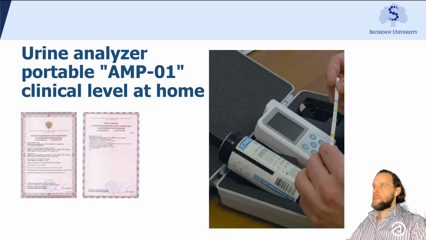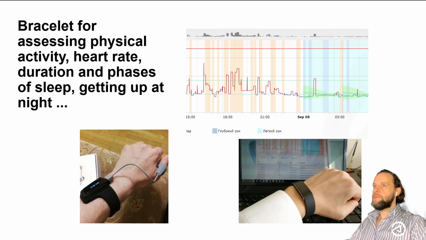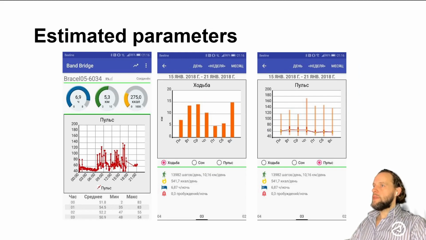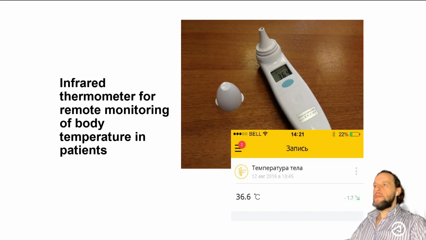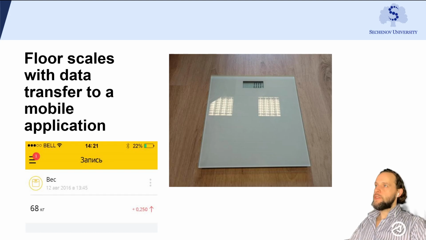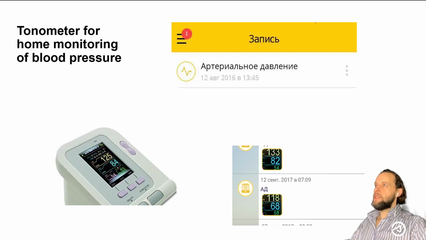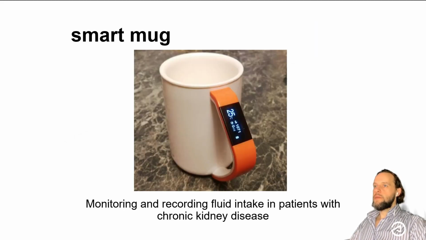This is once again a urine analyzer, more specific implementations of fitness trackers, receiving information about heart rate, amount of physical activities, and other measurements. Thermometers to measure temperature of the body for the patients. Smart scales in another appliance. Blood pressure monitoring. Smart mug to detect the amount of fluid taken by the patient in chronic kidney diseases.